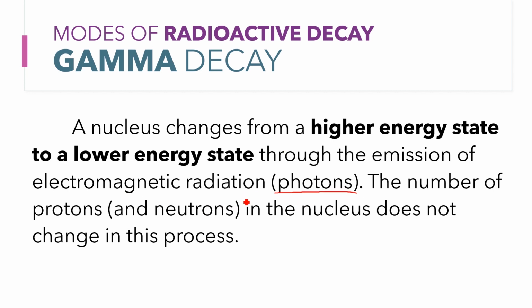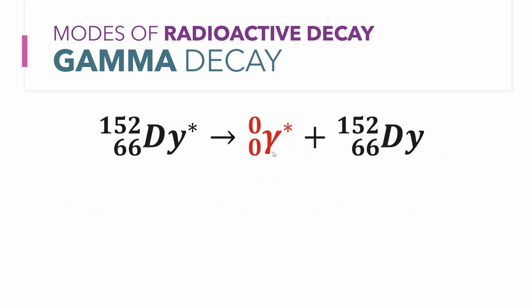Electromagnetic radiation. The number of protons in the nucleus does not change in the process. So, parang nag-release lang siya, nag-vent out lang siya ng extra energy. So, this one actually represents the excited state.